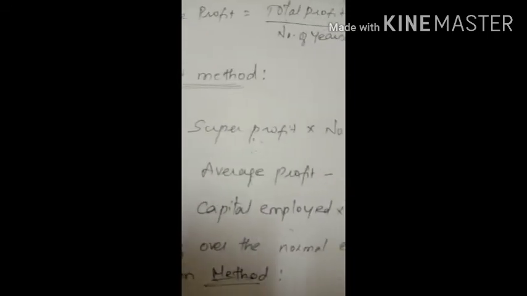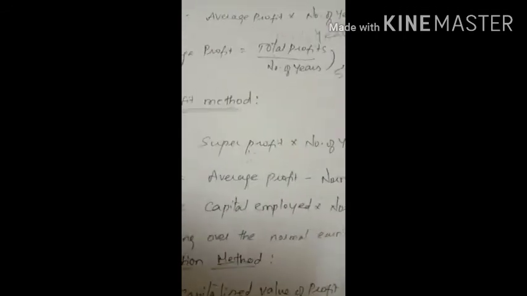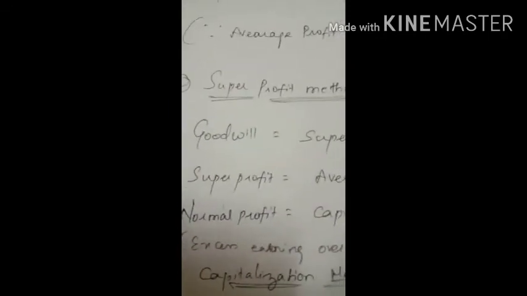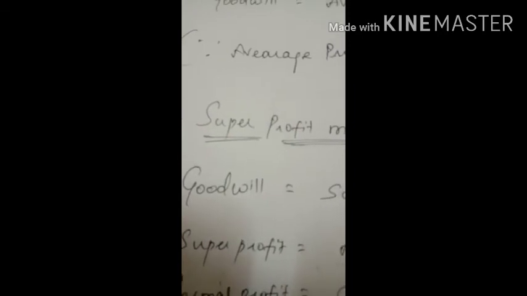They may provide information on this, into the normal rate of return, the expected rate of return for the particular financial year. So that excess earning over the normal earning becomes a super profit. Based on this information, we will calculate the value of goodwill by using the super profit method. Goodwill is equal to super profit into number of years of purchase. This is the second method.